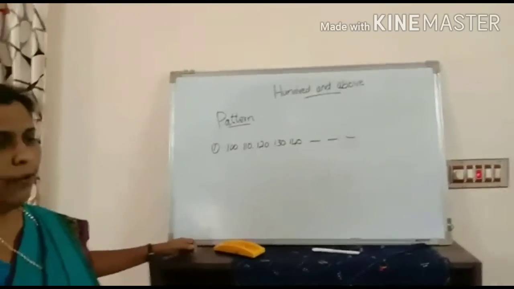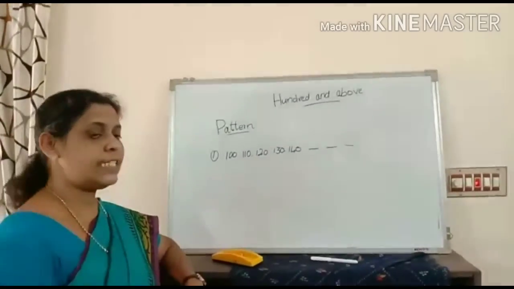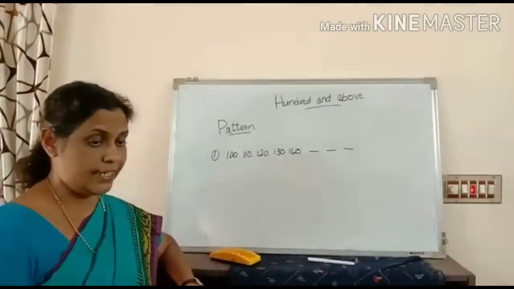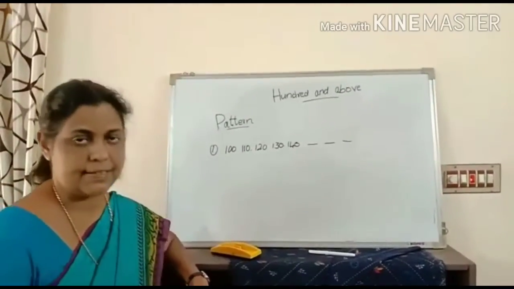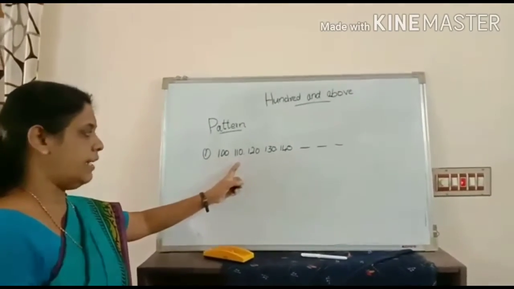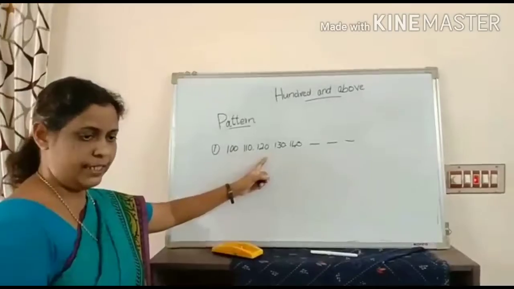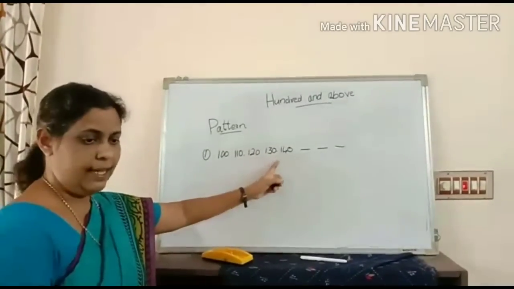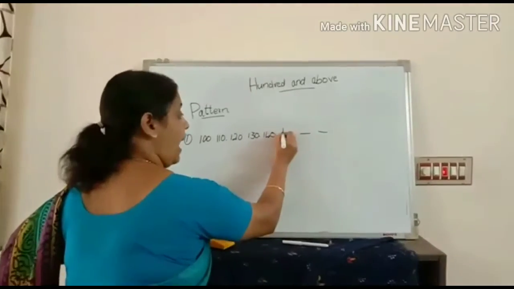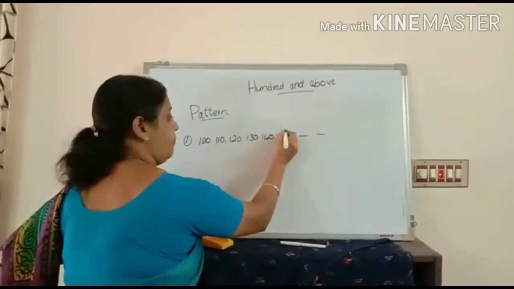What is going on here? What is the difference between 110 and 100? Yes. Then see here, 100 plus 10, 110. Plus 10, 120. Plus 10, 130. Plus 10, 140. Then the next one, plus 10, 150.